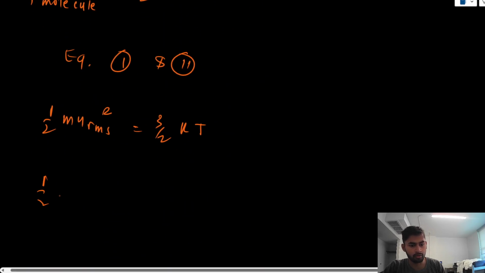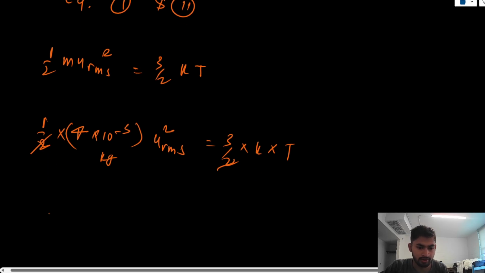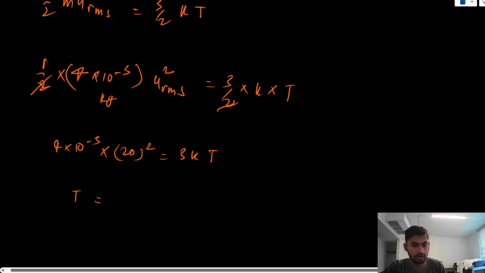So the equation would be 1/2 times 4 times 10 to the power minus 3, in kilograms because of the SI unit, of course, times 3/2 times k times T. The 2 gets cancelled out. 4 times 10 to the power minus 3 times URMS, which is 20 squared, equals 3kT. Then T would be 4 times 10 to the power minus 3 times 400 by 3k.